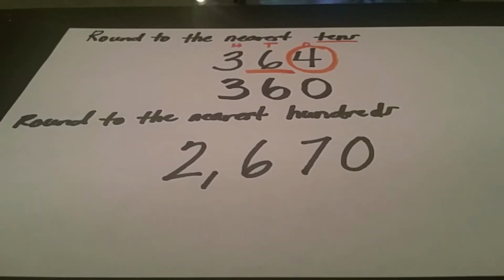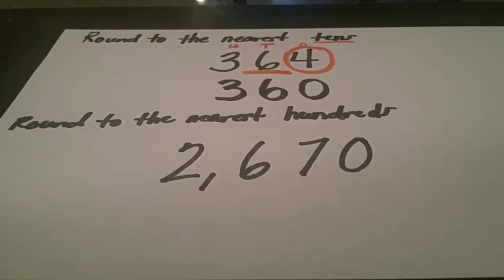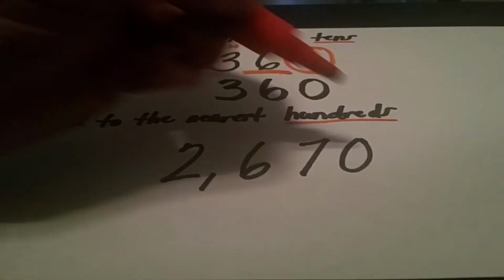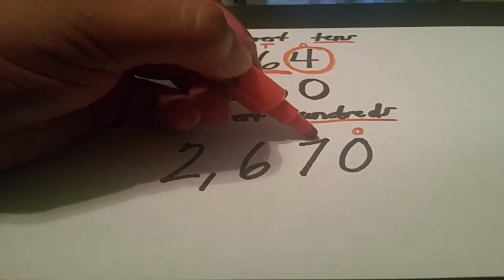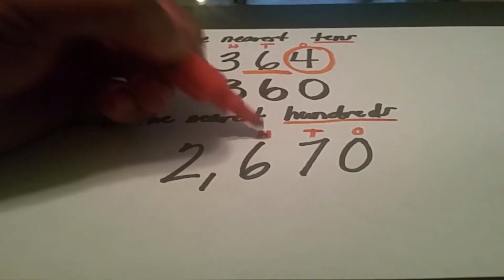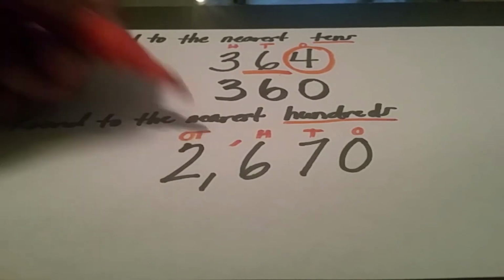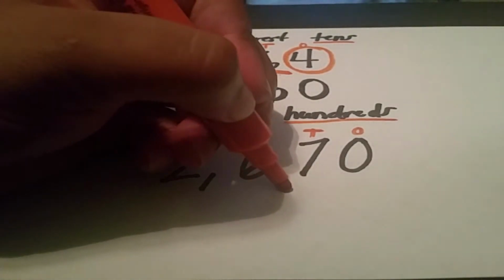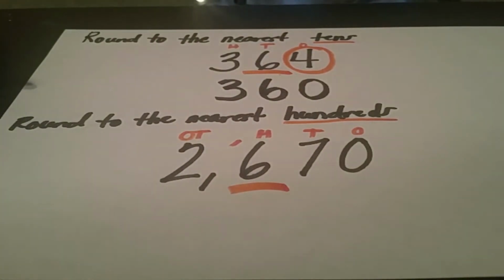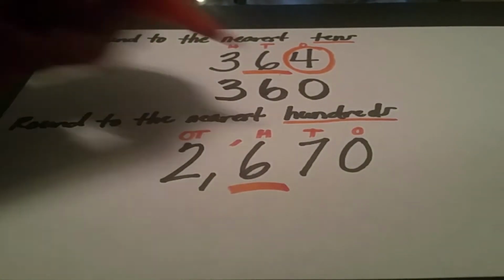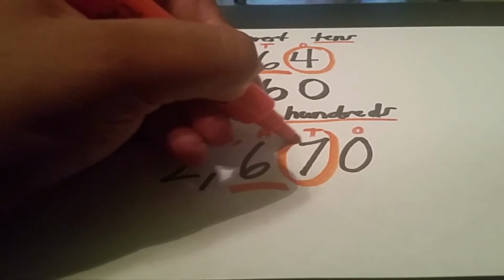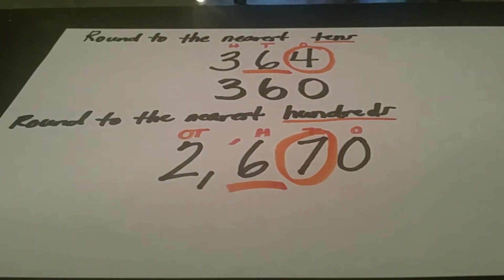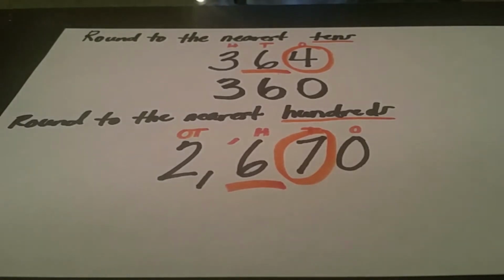Now, go to the next problem. It says round to the nearest what? Hundreds. So we underline the 100. We identify our place values, and we know what number's in the hundreds place. The 6. Who is the neighbor? The 7. We use our rounding rules: 5 or more, this is what you do.